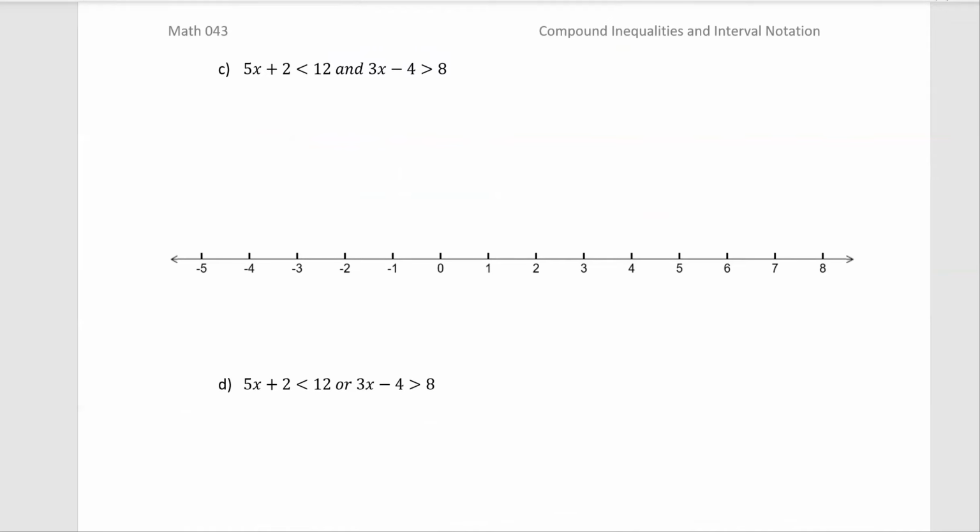All right, letter C. Again, solve the inequalities independently.